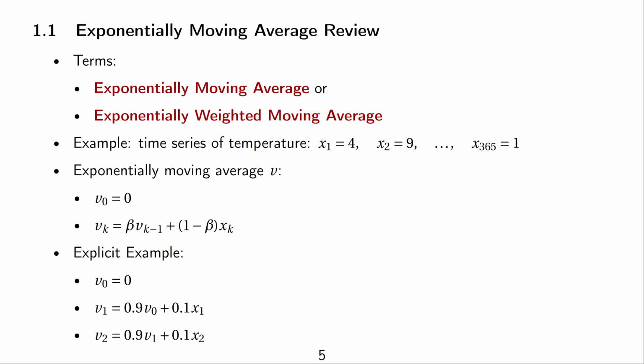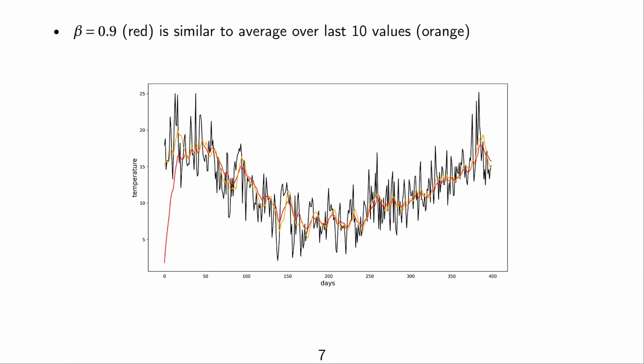Terms used are exponentially moving average, or maybe even more descriptive, exponentially weighted moving average. In our example that we will see shortly, we'll have a time series of temperature. So this is a figure of this motivating example. We have a time series of temperatures, and the original temperatures are shown in black.